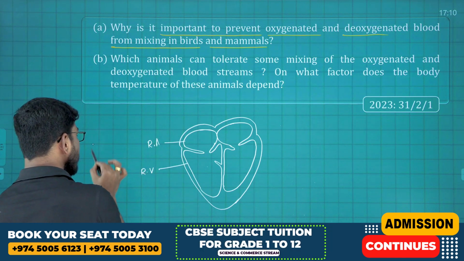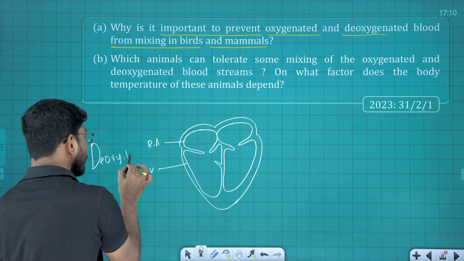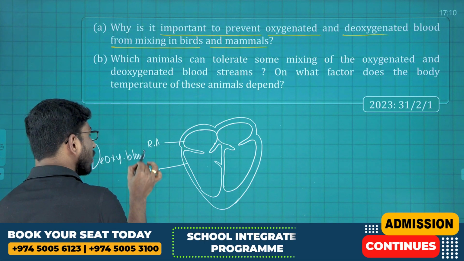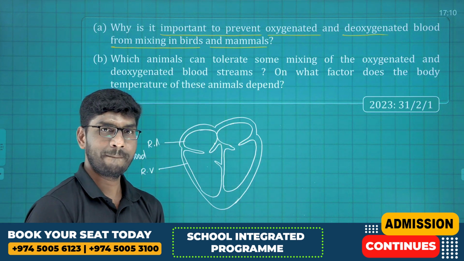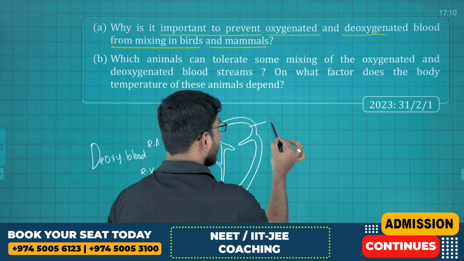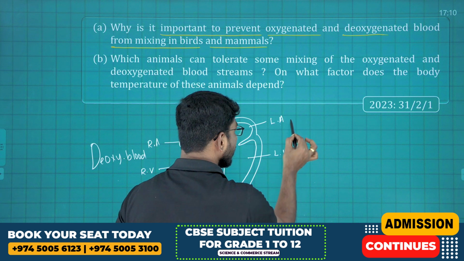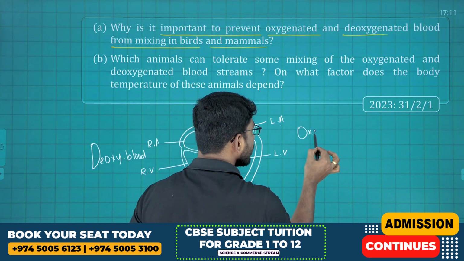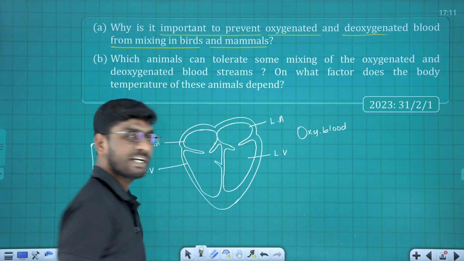Right side always deoxygenated blood. Fix in your mind, the complete right side is deoxygenated blood. Am I clear, students? Come to the left side. What is this? Left auricle, and this is the left ventricle. This side is oxygenated blood. Left side oxygenated, right side deoxygenated.